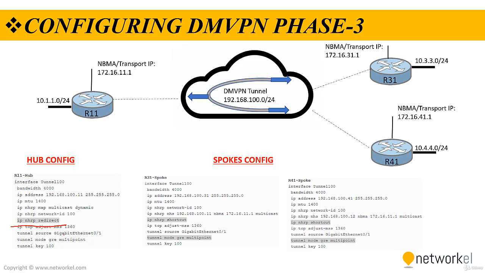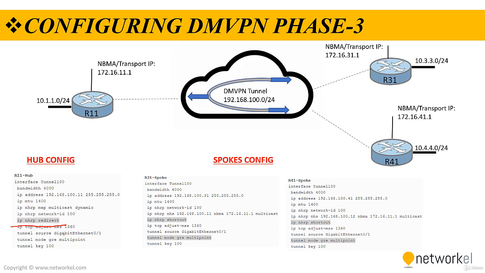Hairpinning is when traffic is received and sent out of an interface in the same cloud. For instance, packets coming in and going out of the same tunnel interface is a case of hairpinning.